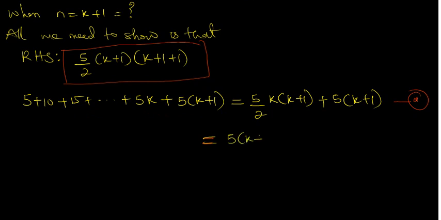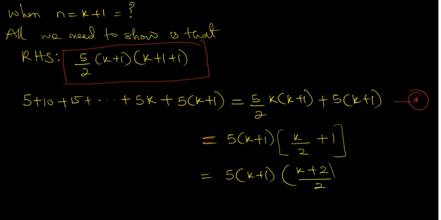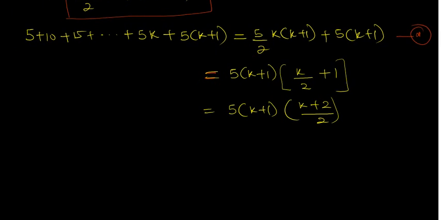We are left with k over 2 plus 1, which can be further reduced to k plus 2 over 2, because we find the LCM. So now we have 5 over 2 times k plus 1 times k plus 1 plus 1, because this 2 has been written as 1 plus 1.